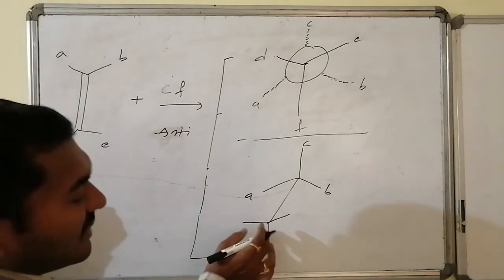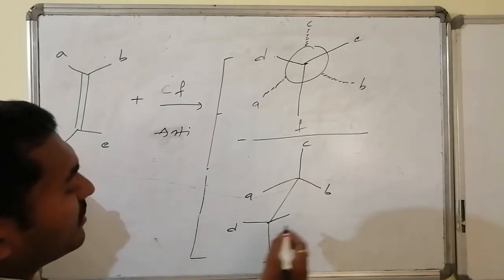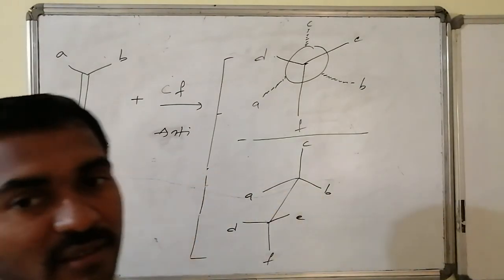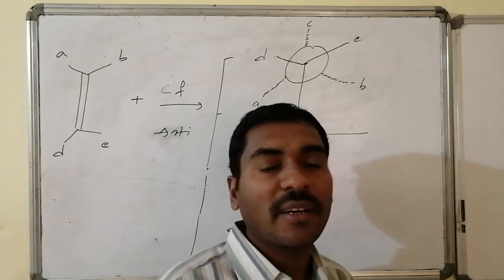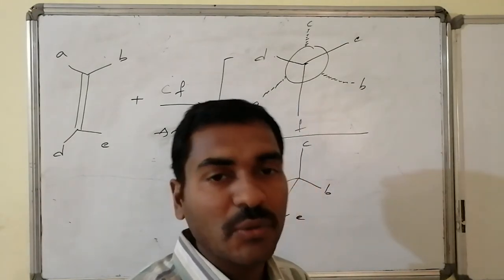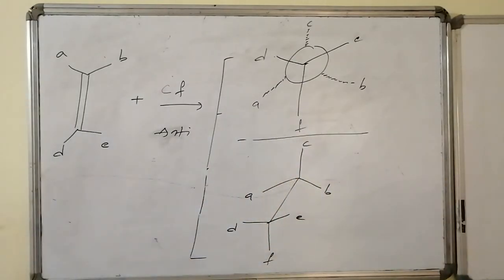That minimum angle is here 60 degrees apart, whereas this is 180 degrees apart. So this will become D, this will become E. In that way, anti-addition related alkene products are obtained with the isomerism and the presentations of either Newman or Sawhorse presentations.